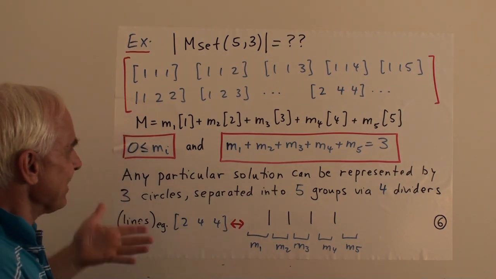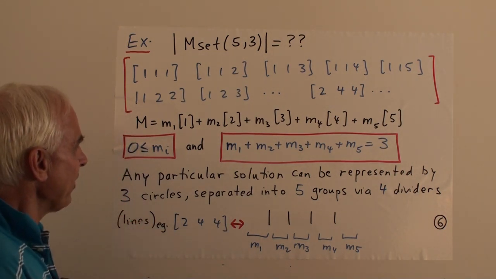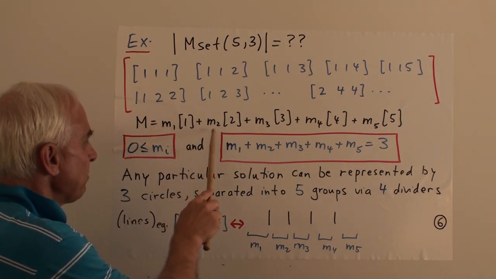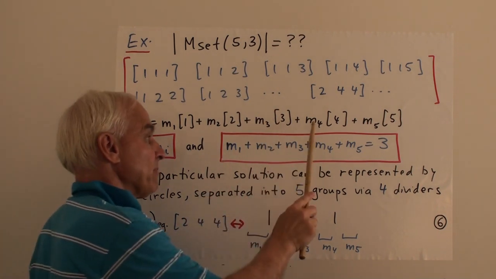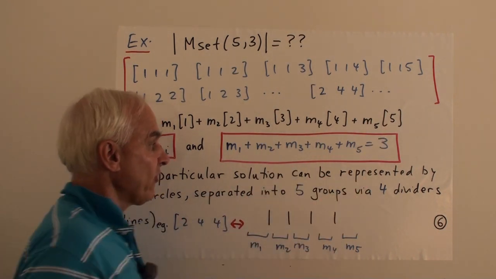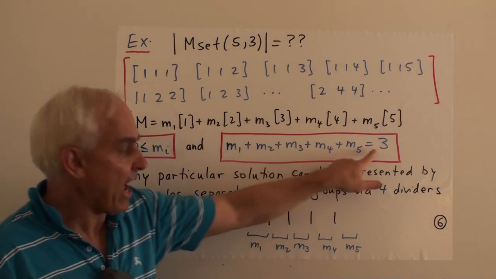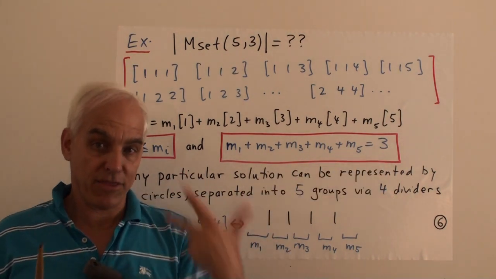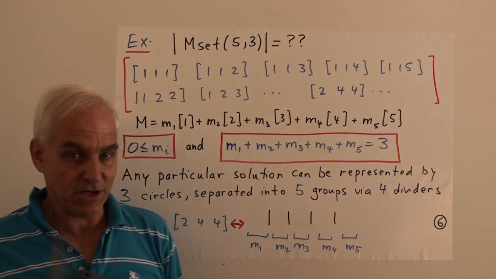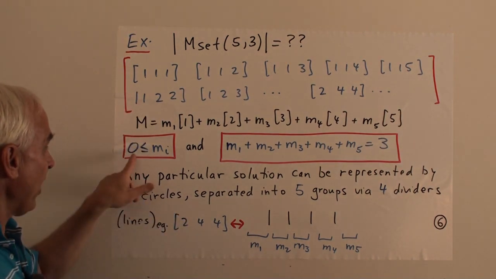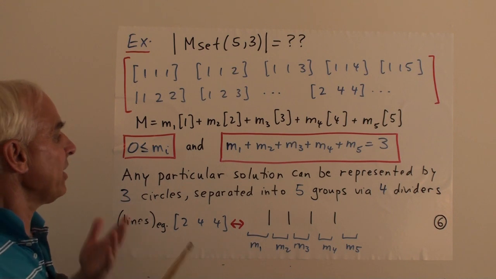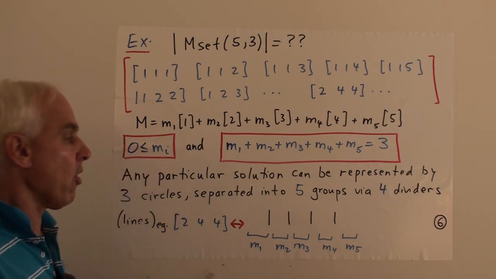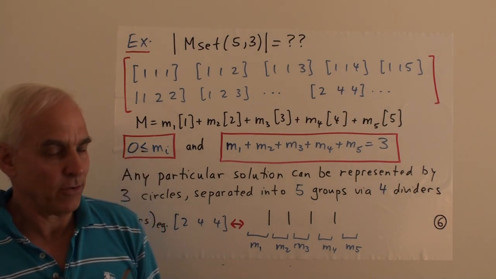So we can write this MSET as some number of 1s plus some number of 2s plus some number of 3s plus some number of 4s plus some number of 5s. And these multiplicities have to add up to 3 because altogether there have to be exactly 3 elements in our MSET. And we've said that we can think about the inequality as just that they're all greater than or equal to 0.